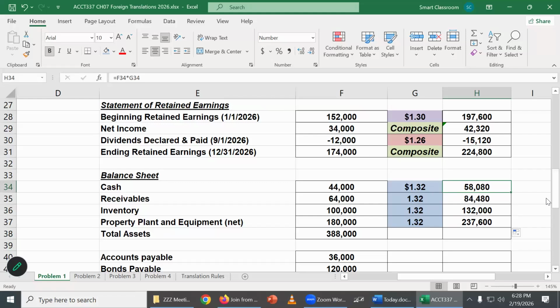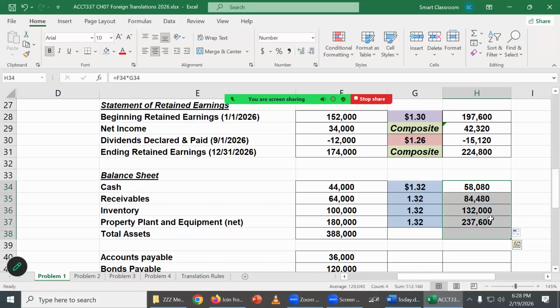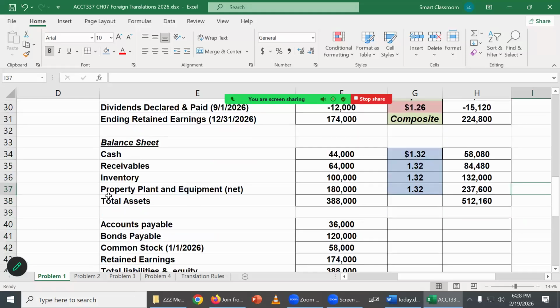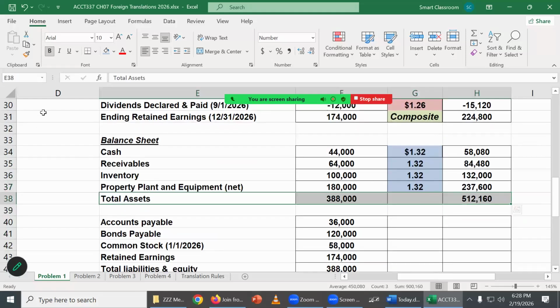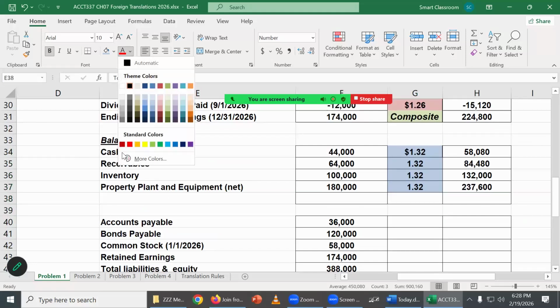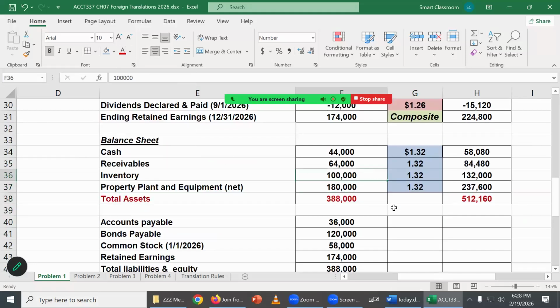And the property, plant, and equipment is 237,600. And the total is 512. I think I'm going to make that a special color because we're going to use that later.